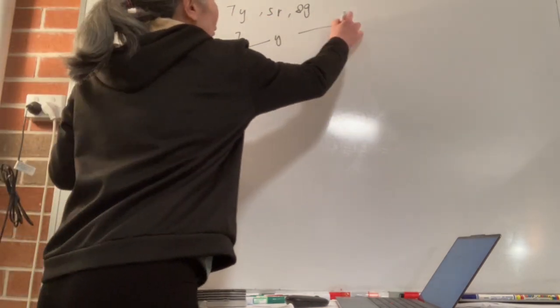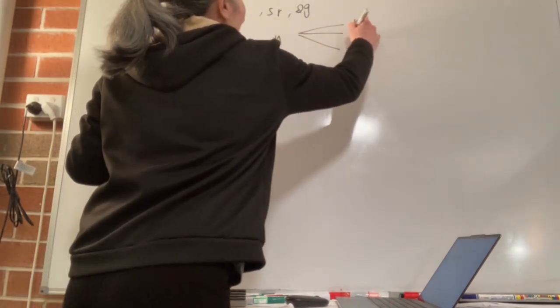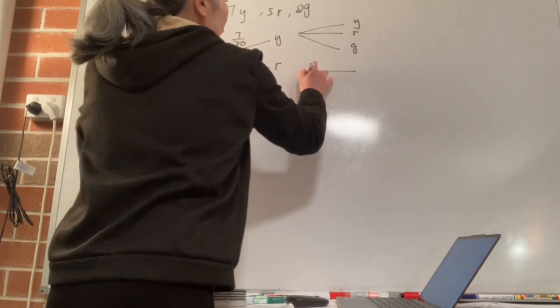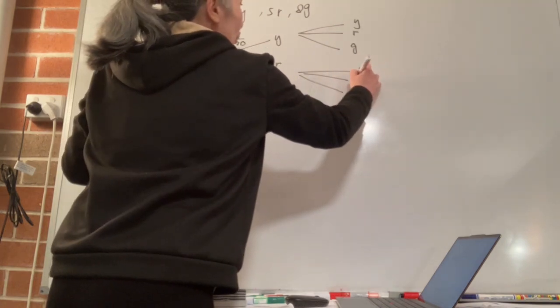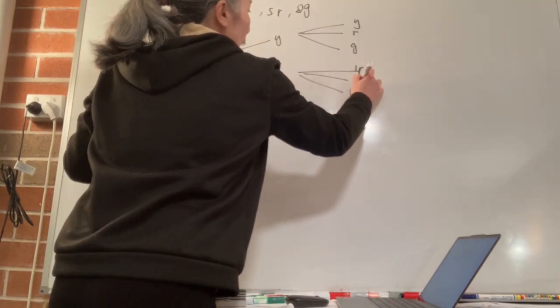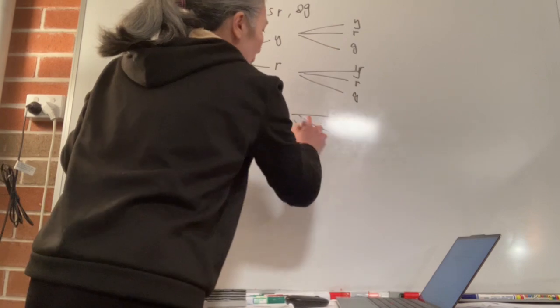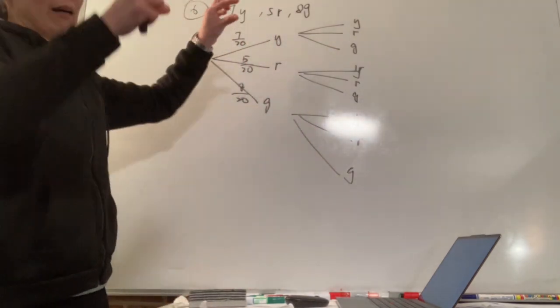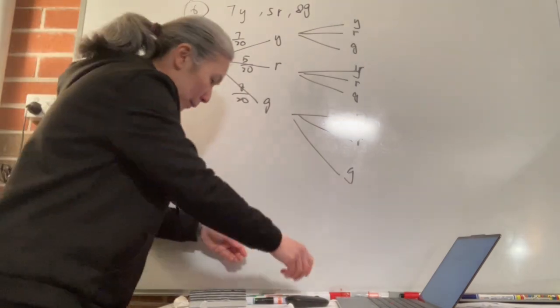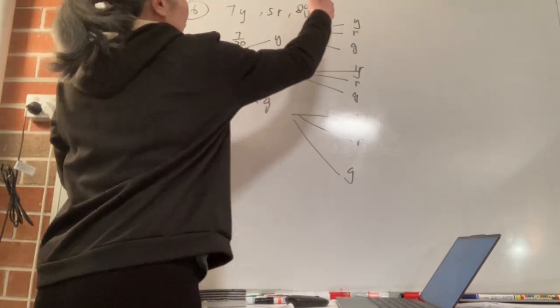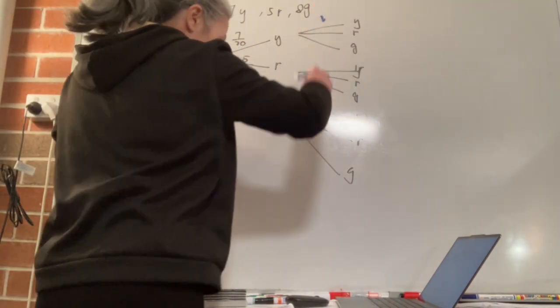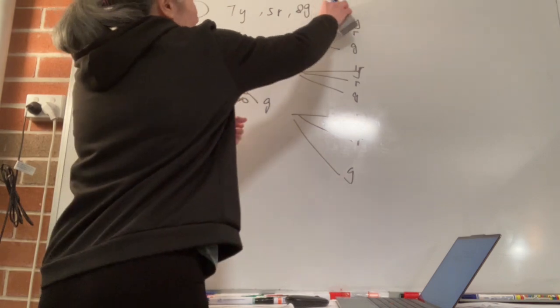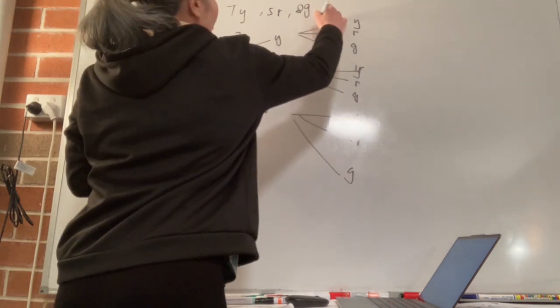Then you are going to have 3 more: yellow, red, green. Because this is the first marble, I'm going to draw a second marble. Get the second marble out: yellow, red, and green. So now you already have 1 marble outside. That means the next marble you get will be 1 less, so this will be 6 out of 19.